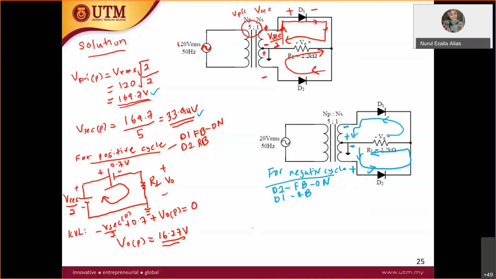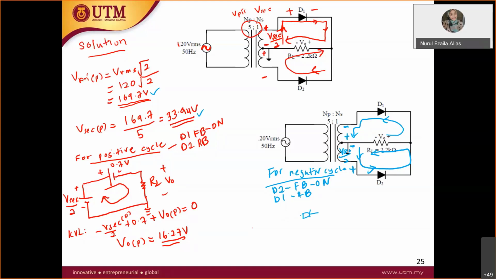So the equivalent circuit will be, you know that here is V secondary over 2. I want to draw it like this.